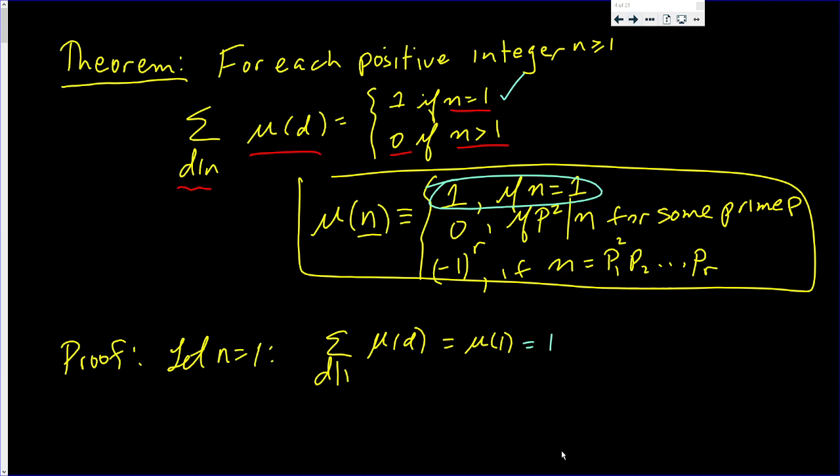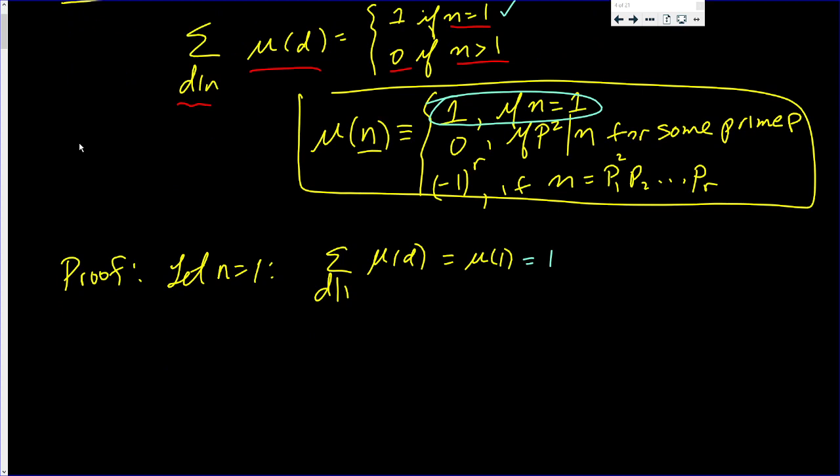Now, what if n is bigger than 1? Let n be bigger than 1. Then n is equal to p1 to the k1 times p2 to the k2, all the way down to pr to the kr.